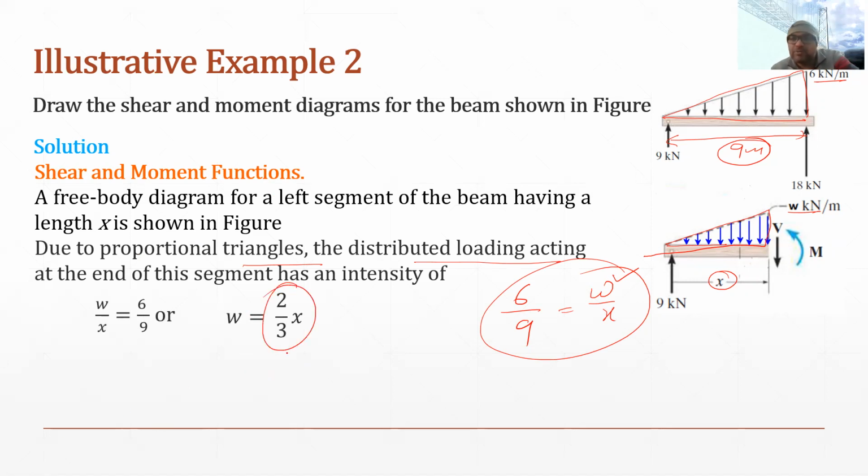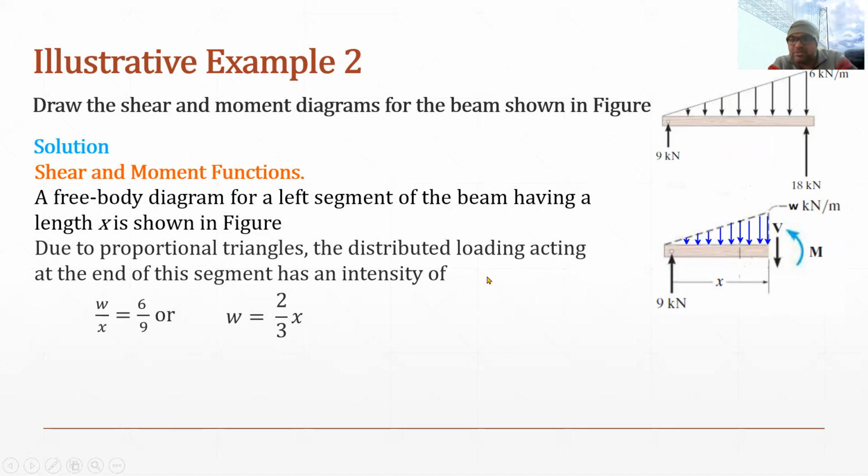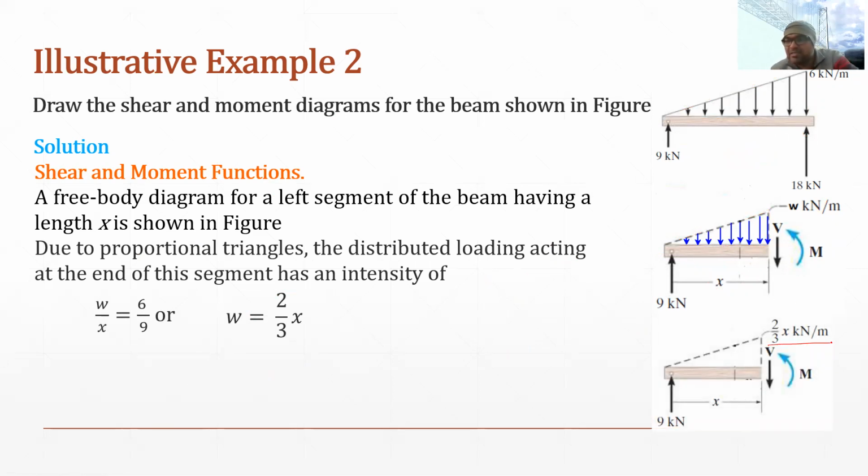So the value of W here is 2 by 3x kilonewton per meter. So the diagram is modified and it is shown here. Yes, we found the intensity at location X. And you can see this intensity is a function of X.